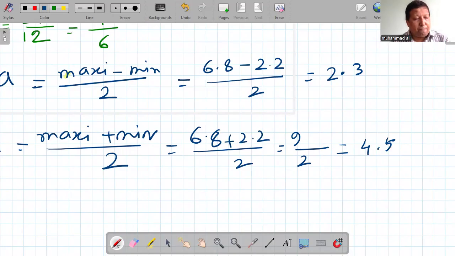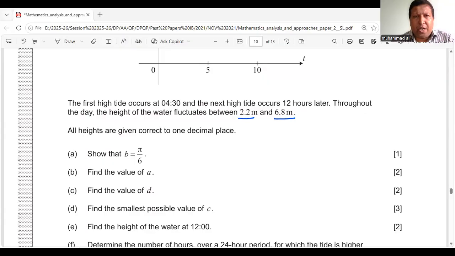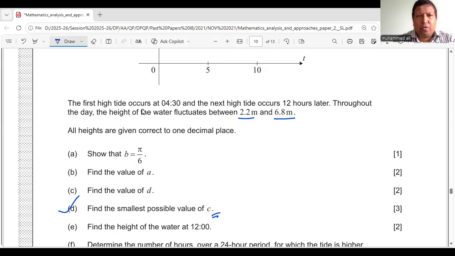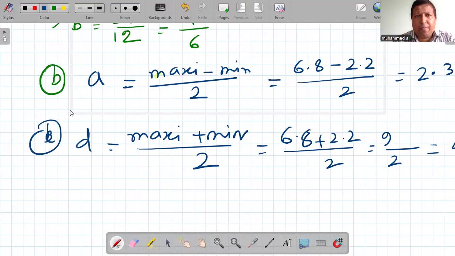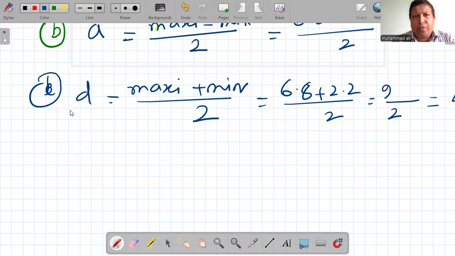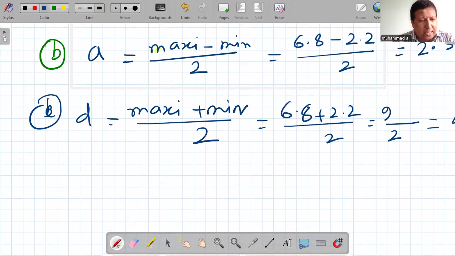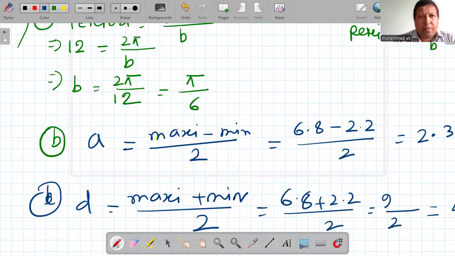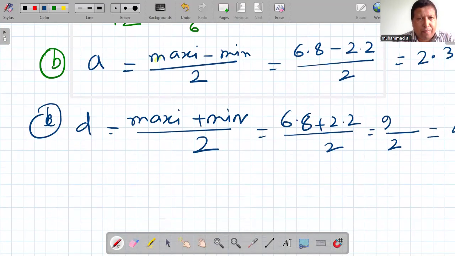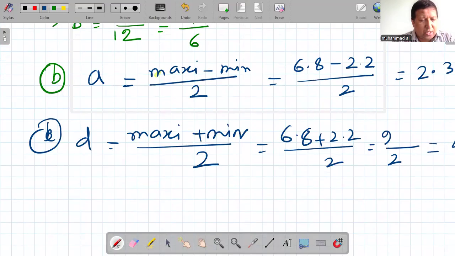Now, the next part: find the smallest possible value of c. We already have the a value, the d value and the b value. This first one is a, that one is b, and this is c.